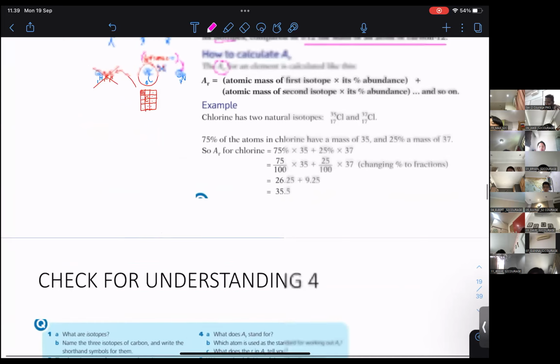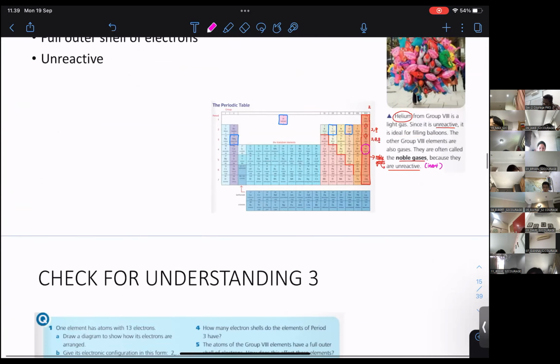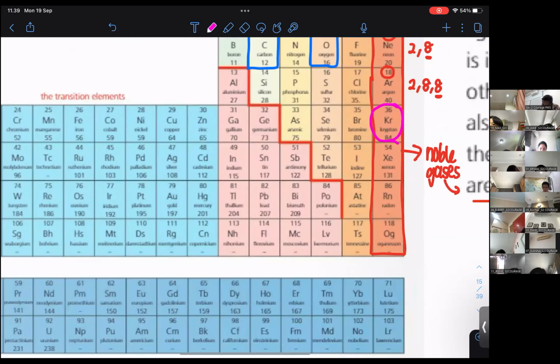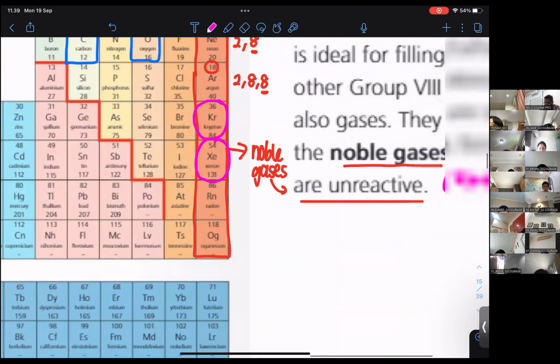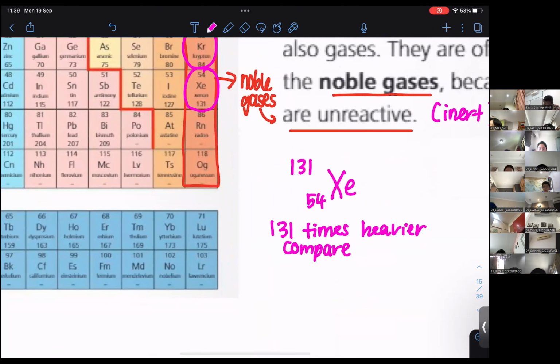If I take any element in your periodic table, for example, xenon. Xenon is 131 times heavier compared to Gianna. Compared to what? Can you complete this sentence? 131 times heavier compared to what?